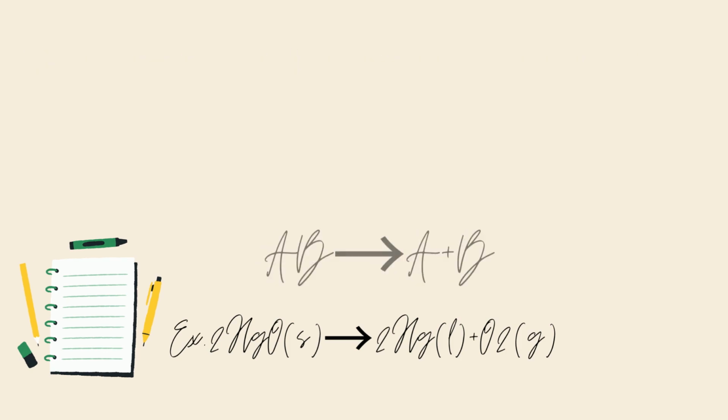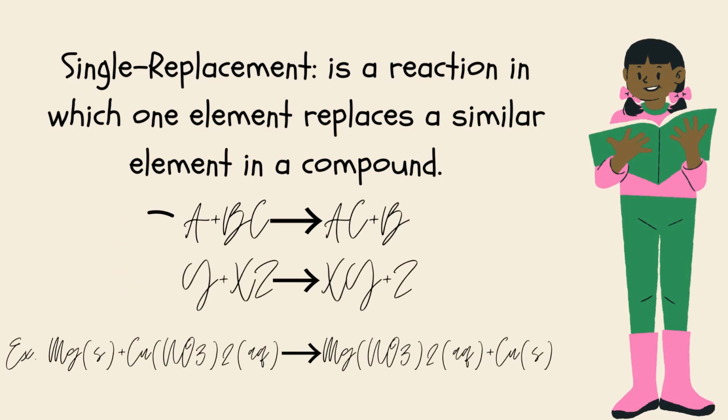Let's go to the next type, which is single replacement. Single replacement is a reaction in which one element replaces a similar element in a compound. The general form of single replacement is A plus BC yields AC plus B. In this general reaction, element A is a metal and replaces element B, also a metal, in the compound.